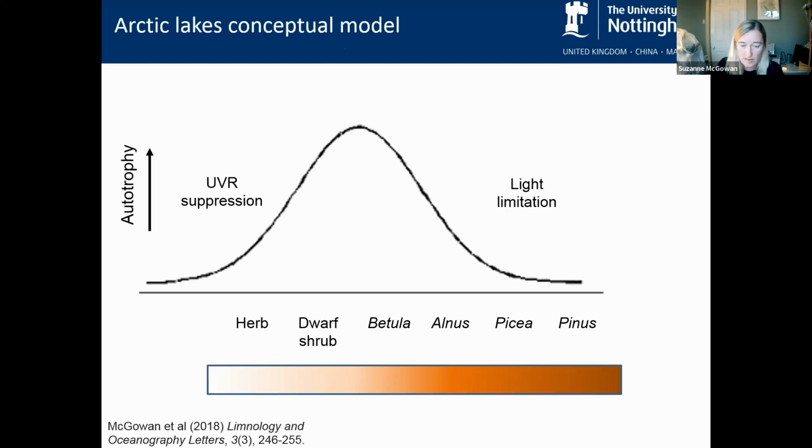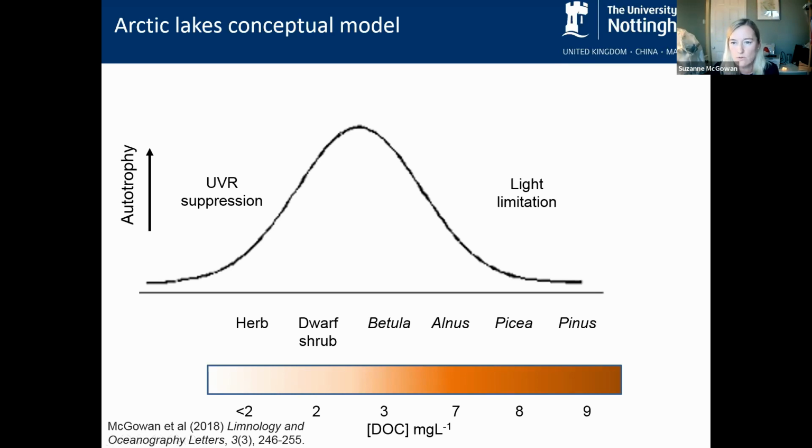So what this enabled us to do then was to construct a conceptual model to work out what happens as you go through these different transition zones into different types of vegetation. We could look at the literature and look at what sorts of DOC ranges we would expect to see in those vegetation zones, and suggest what we thought the drivers were of algal production in those different areas where we've got this area of maximal production in the middle.